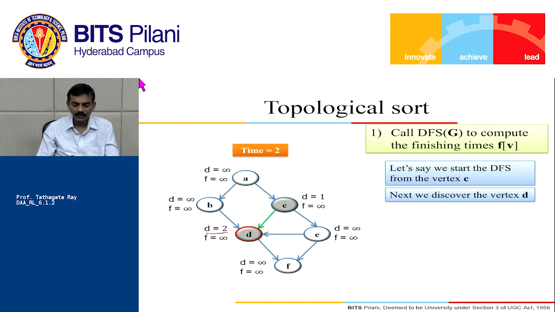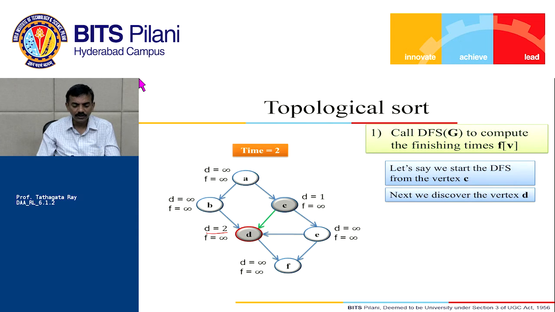Then from D, we go to its unvisited neighbor. Now notice that D has also been colored gray. That means it has been visited. So from D, we decide to go deep, to its unvisited neighbor.